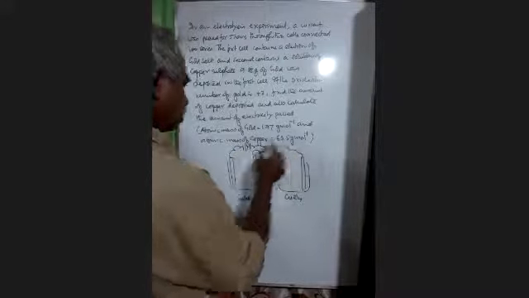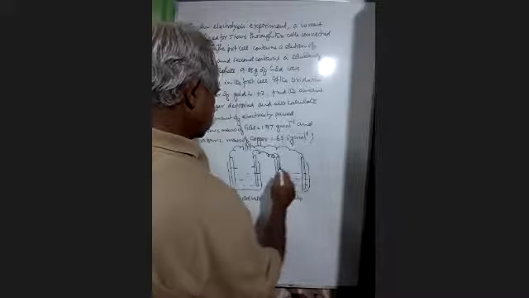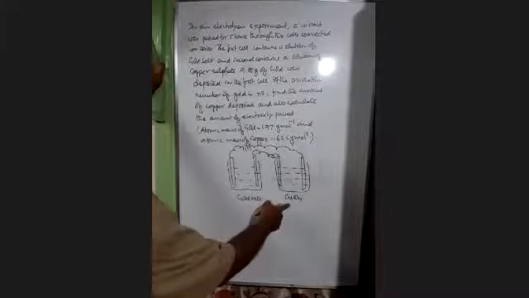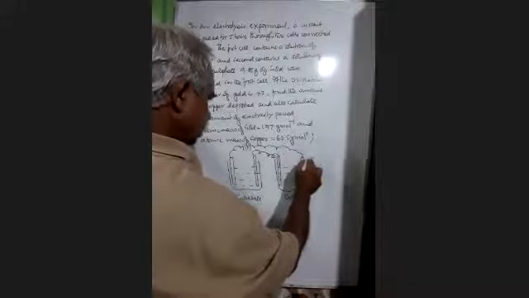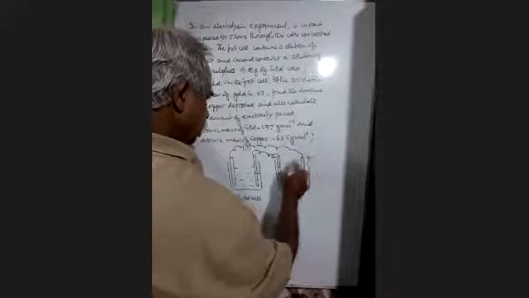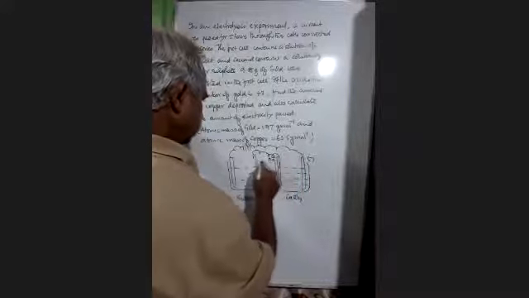So what will we write now? You are being asked to find the amount of copper deposited. This is the cathode.